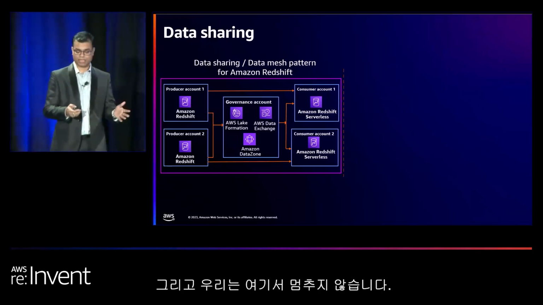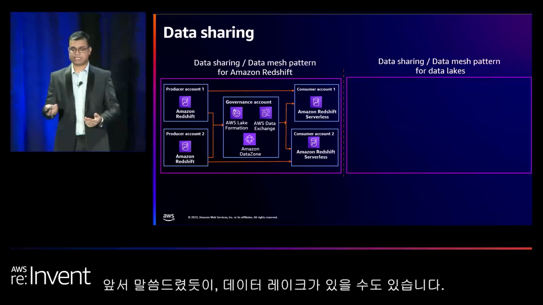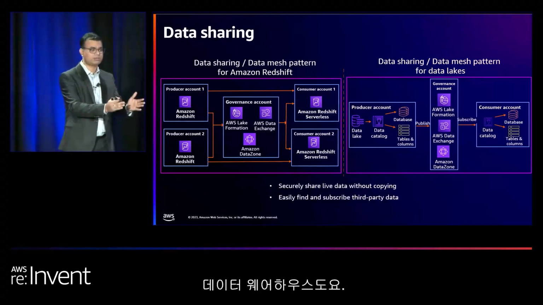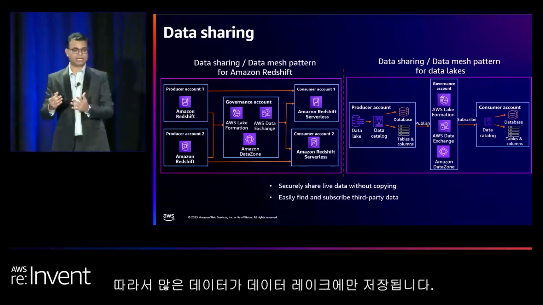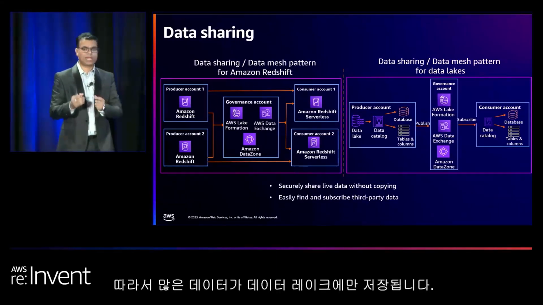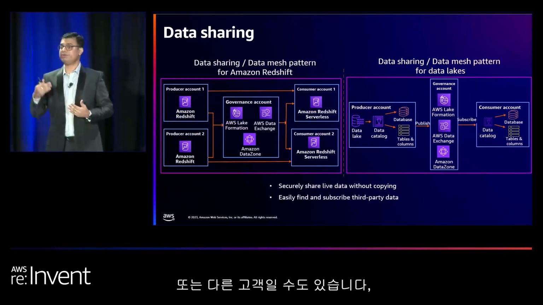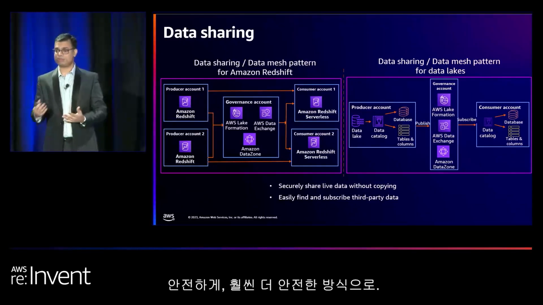And we are not stopping here. There is another use case, as I said earlier: you might have a data lake as well as data warehouses. A lot of data is stored only in the data lake, and you still want to share this data lake data with different business units, or maybe your different customers, in a much more secure manner.